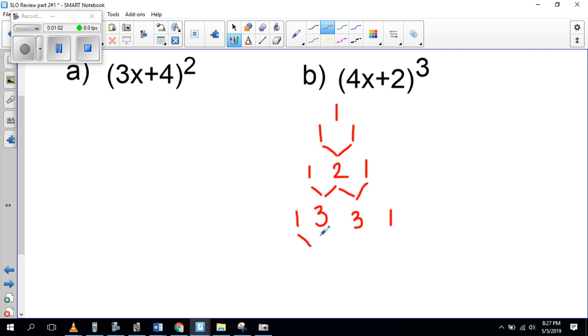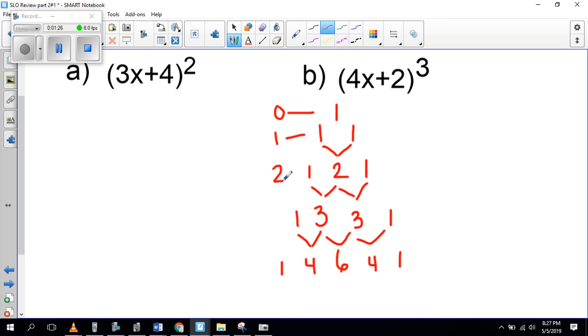So now we add again. 3 plus 1 is 4. 3 plus 3 is 6. 3 plus 1 is 4. Put our ones on the outside. Okay, so this is my 0 row. This is my first row.